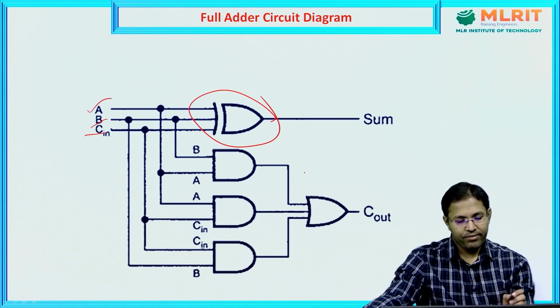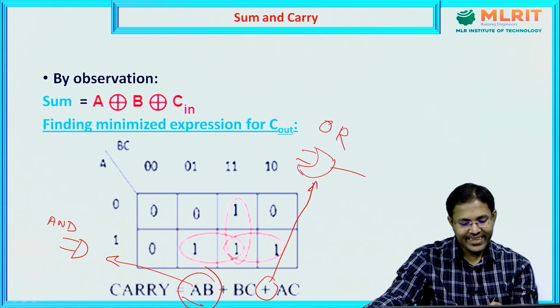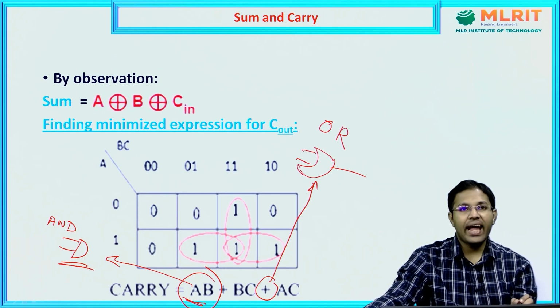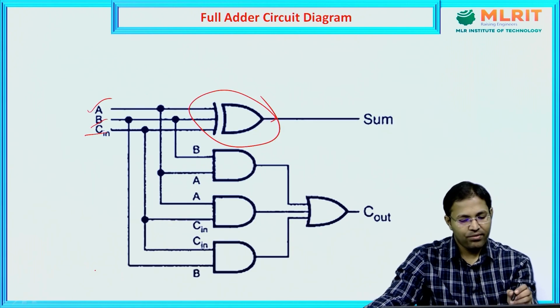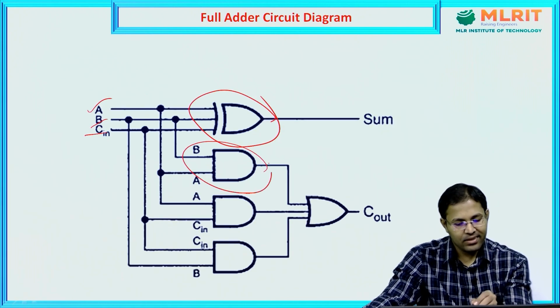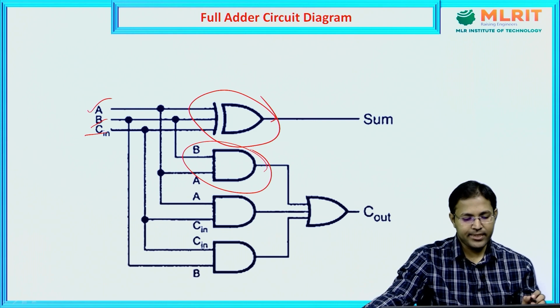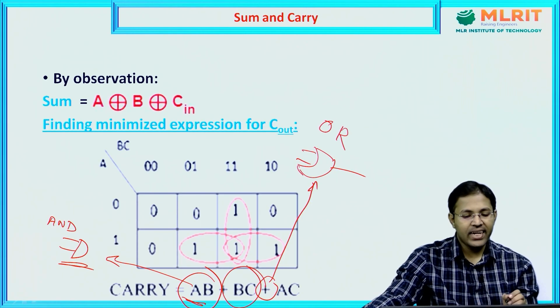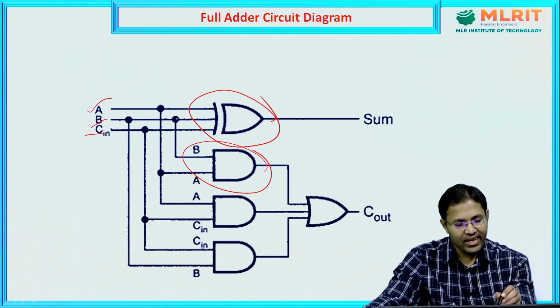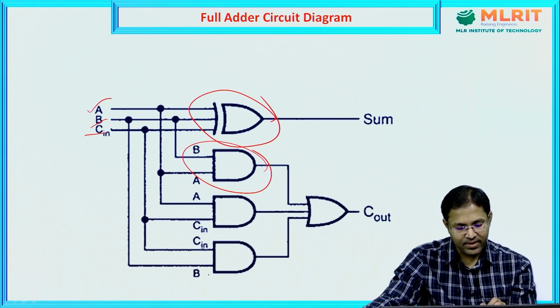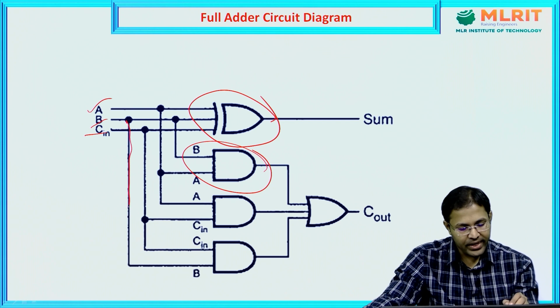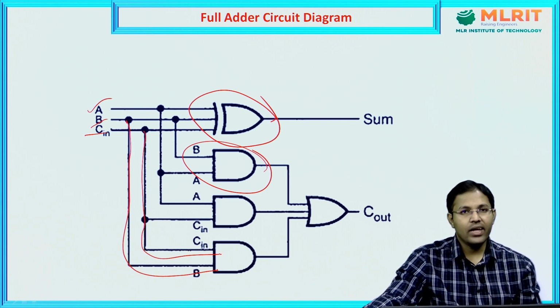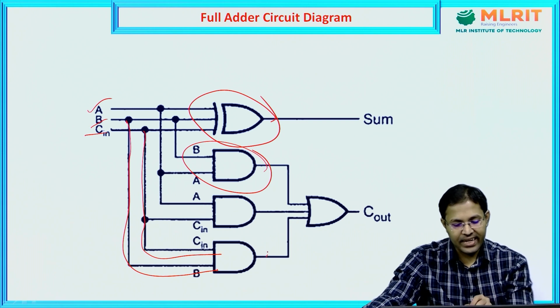So first, for A into B, we need to use the AND gate. Next, B into C, AND gate. So we are taking B and then we are taking Cn. B into Cn, another AND gate.